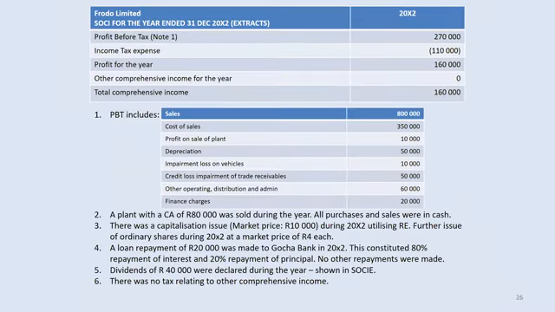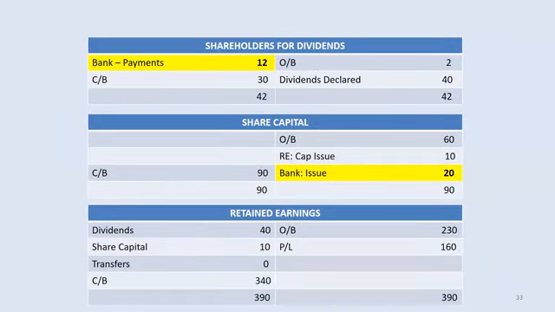We then look at our additional information, and additional point 4 stated that dividends of 40,000 Rand were declared during the year. So of course, if these were declared during the year, we are going to have that showing as part of our credit side of our shareholders for dividends. Therefore, that must mean that a physical payment was made to the shareholders of a value of 12,000 Rand that is reflected on the debit side of the shareholders for dividends account.